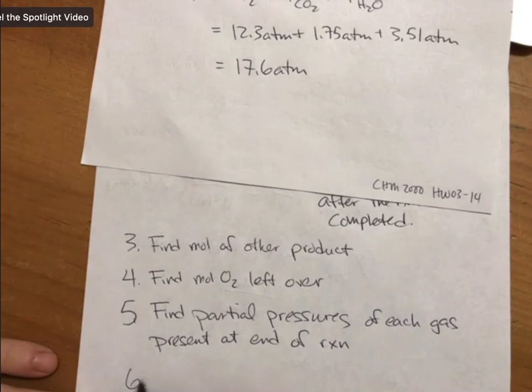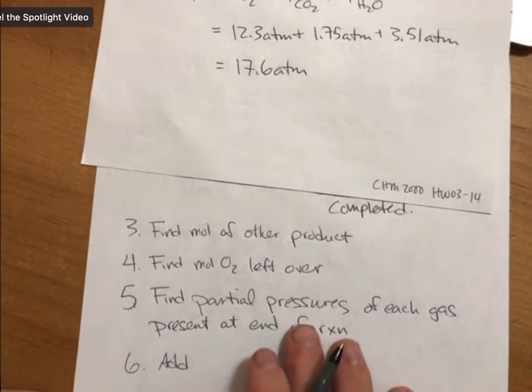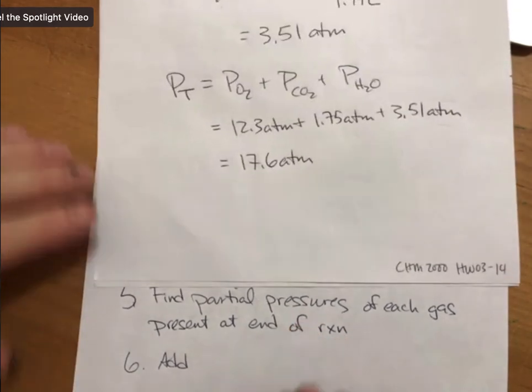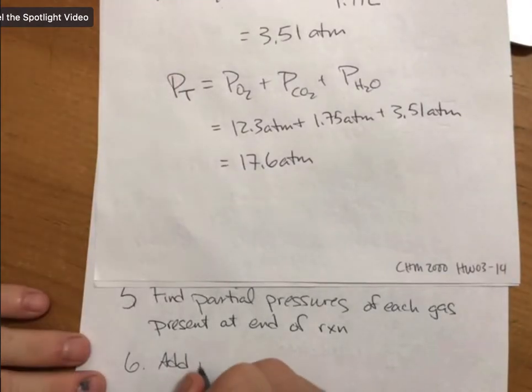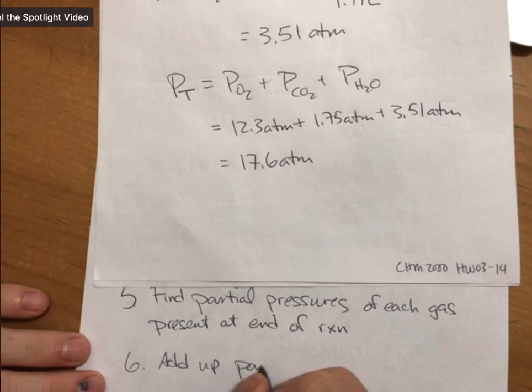And 6, finally, is to add up the partial pressures to get the total pressure. That's the step I'm showing right here, where my finger's pointing.